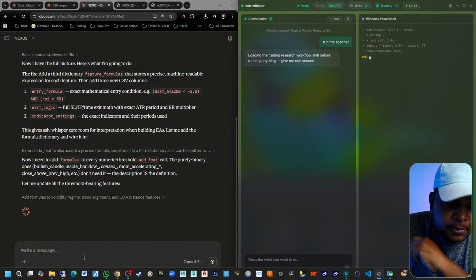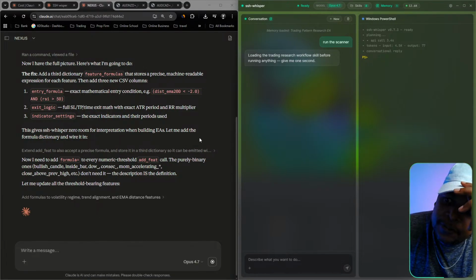Once we get that done, we could drop this back on the VPS and actually have some scans done.